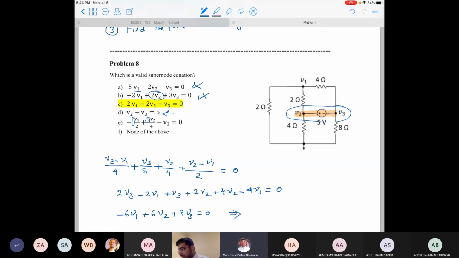So now if I divide both sides by negative 3, I will end up with minus 2v1 plus, or I divide every term by negative 2.